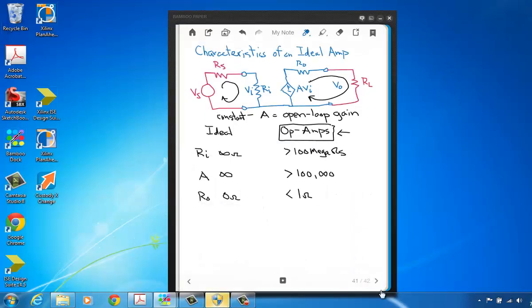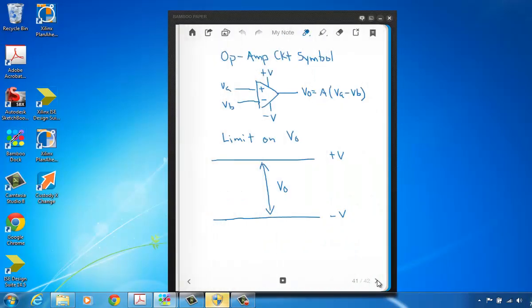Now, a few more basics about op amps. Here, this is the circuit symbol for an op amp. You can see it's a triangle shape. Here VA is the voltage to the non-inverting input, and here VB is the voltage to the inverting input. And here's the output.